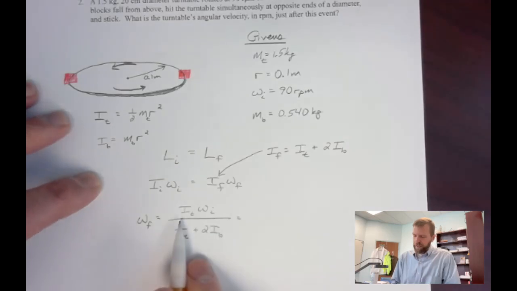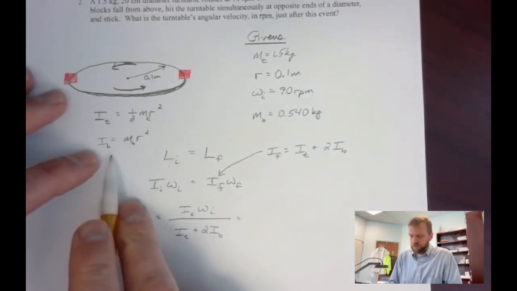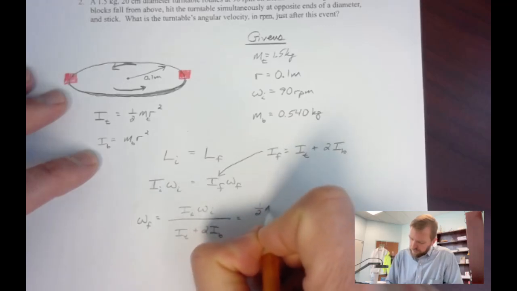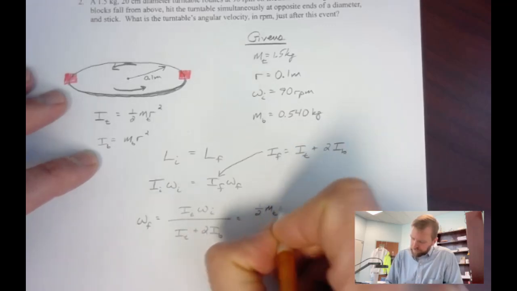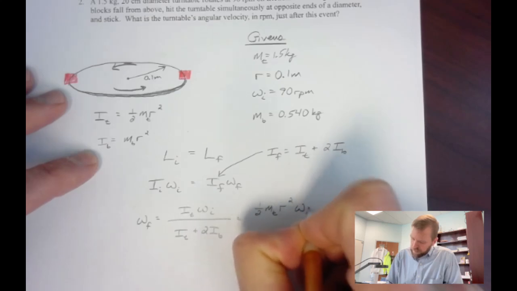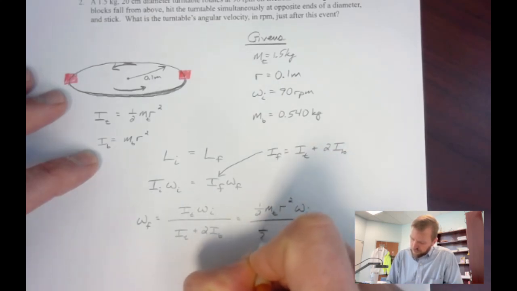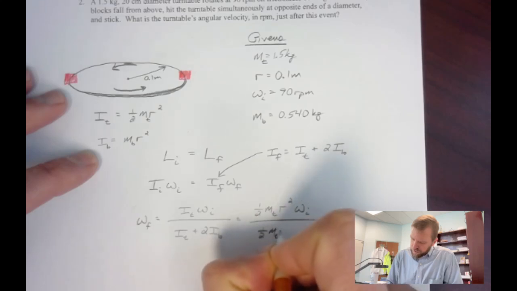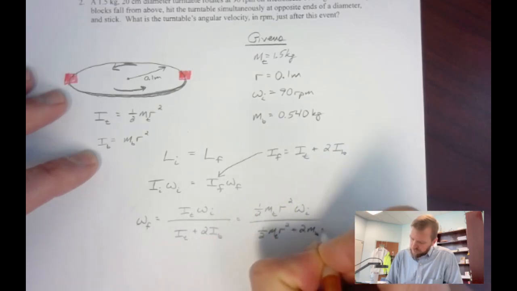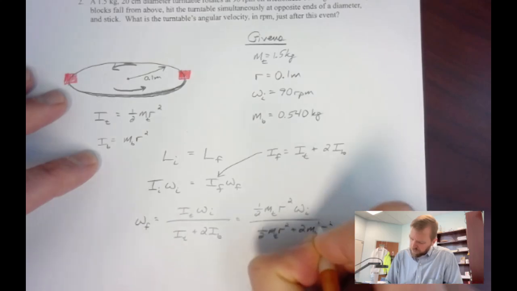And plugging in the actual equations for the moments of inertia, we've got 1/2 m_T r squared over 1/2 m_T r squared plus 2 times m_B r squared.